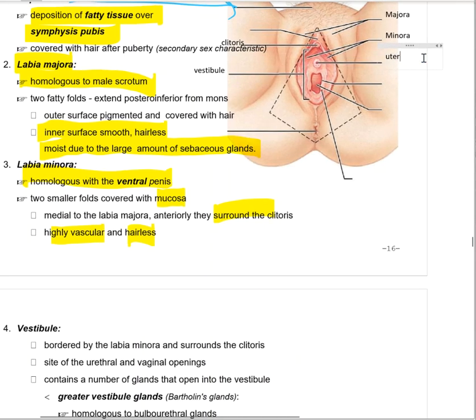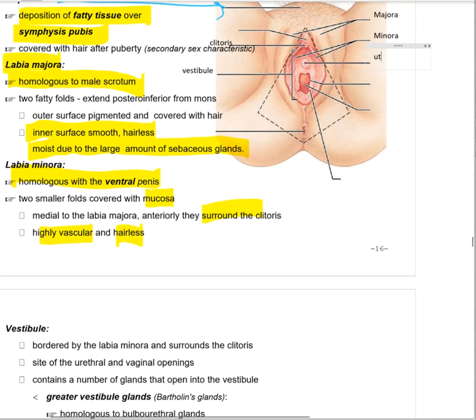So we have the urethral opening, and the vaginal opening, orifice, canal, whatever you want to say, is right there.